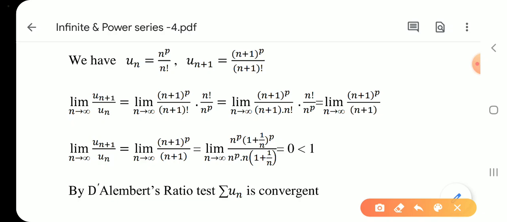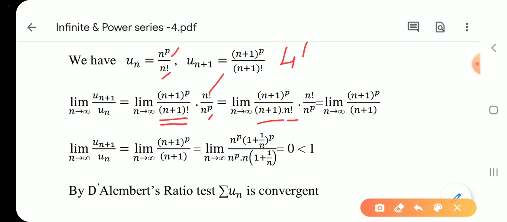Take the reciprocal, limit of n tends to infinity, un plus 1 by un is equal to n plus 1 to the power p by n plus 1 factorial into n to the power p will go to the denominator, n factorial will come to the numerator. In the first few problems, you might remember n plus 1 factorial, we have written it as n plus 1 into n factorial.